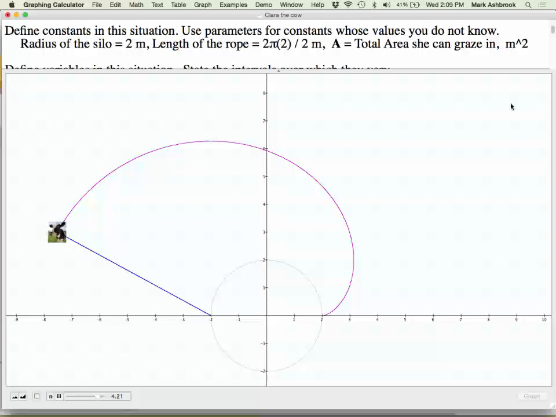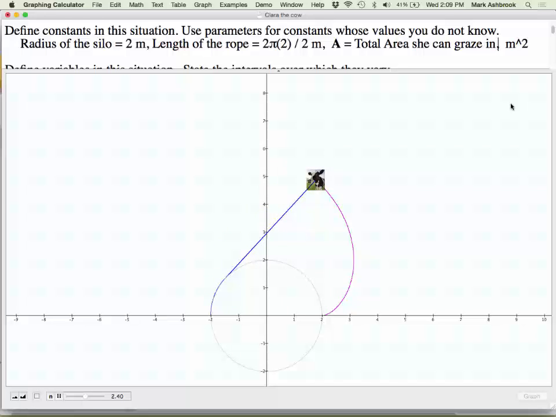Yes, sir. The number of ropes is a constant, absolutely. So was there a hand over here? Who else is dying to share one of their constants or parameters? One more. Somebody new. Was that a hand? Okay, come on. Someone's got, oh, there you go. Starting point of the rope. Okay, but that's not a constant or parameter, it's a value. It's going to take on a constant value.